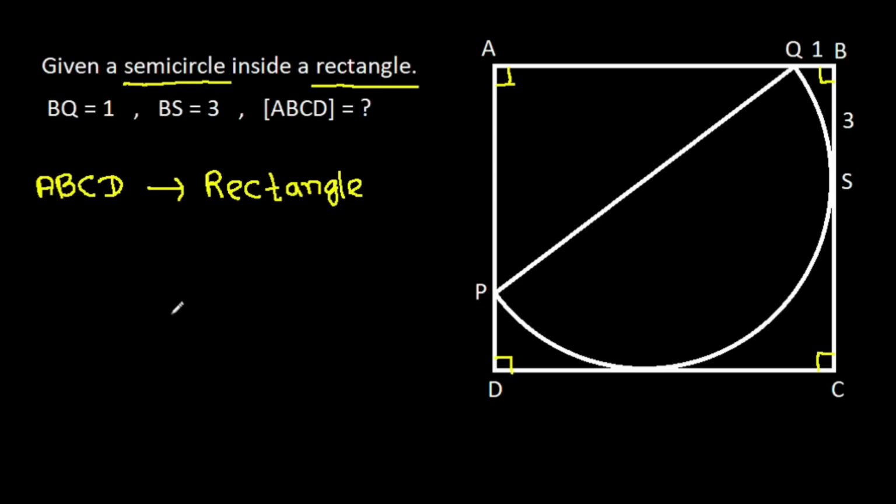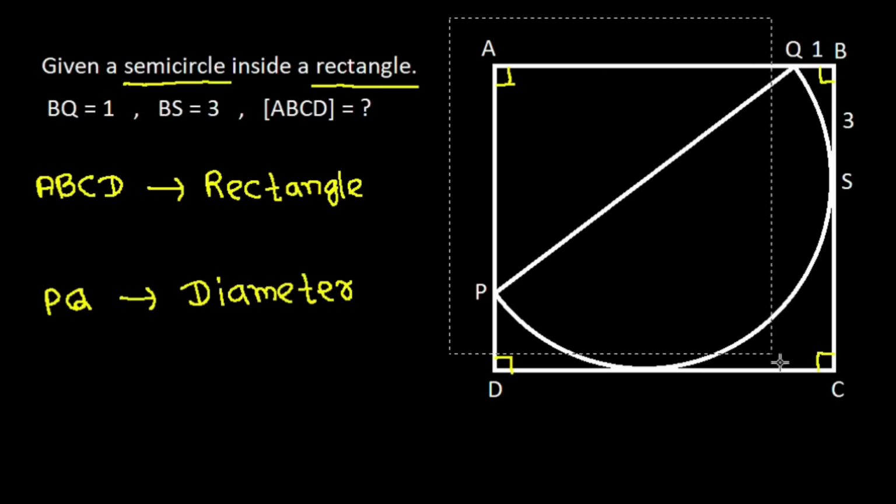a semicircle, that means PQ will be the diameter.